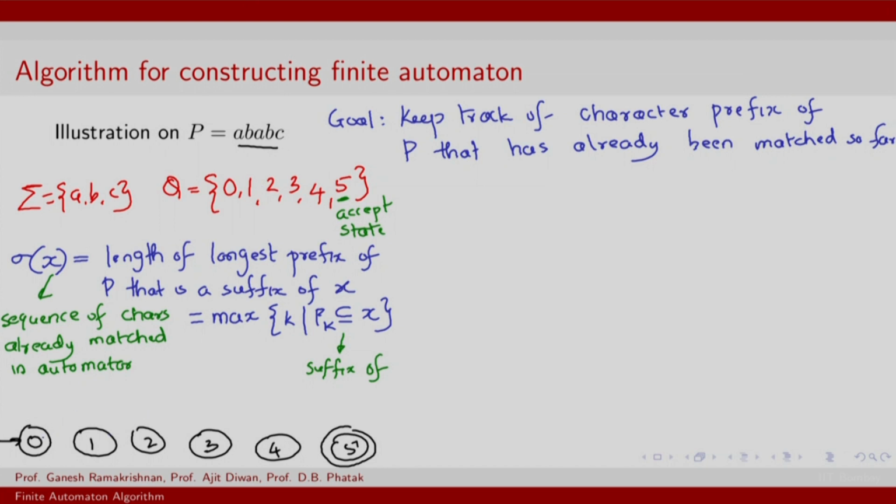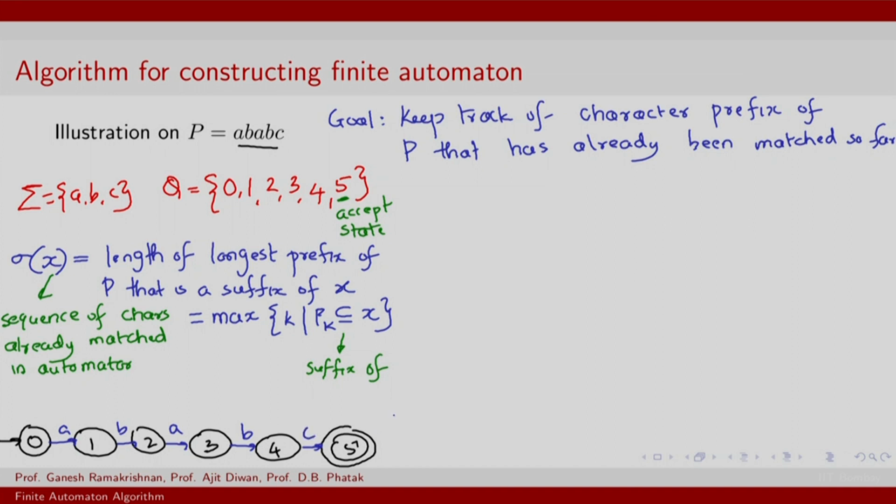So, on state 0, when I see an A, I go to 1, from 1 I go to 2 when I see a B, on 2 when I see another A I should go to 3, from 3 when I see a B I should go to 4, from 4 when I see a C I go to 5.